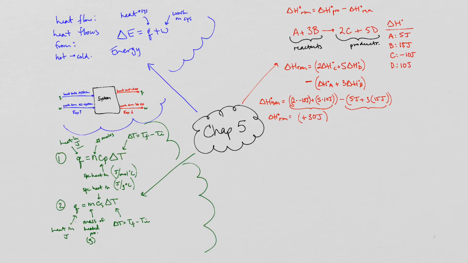So we just go back. So we have our positive 30 joules minus, and then we're going to have our 5 joules plus 3 times 15 joules, so that altogether is going to be 50 joules, and that's positive 50. So positive 30 minus positive 50 equals negative 20 joules.